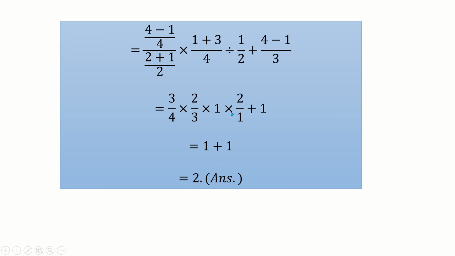When we use multiplication, numerator will be denominator and denominator will be numerator. Plus 4 minus 1 means 3, 3 by 3 means 1. Here 3 and 3 cut, 2 and 4, 4 and 4 cut, that means here will be only 1 and here 1. 1 plus 1 equals 2. This is the required answer.